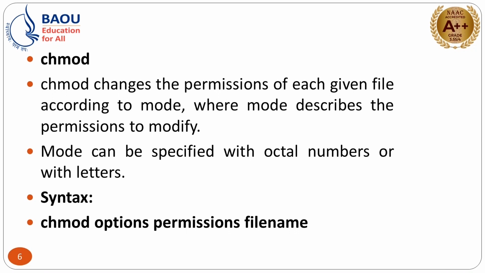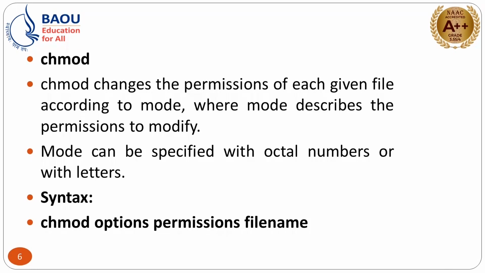Second one is the group, that means a particular file or folder has multiple users and all those users are in one group. That is the second type of user, called group. And third one is the other, that means other than the creator or owner and the group, all other users come under the category of other, right?